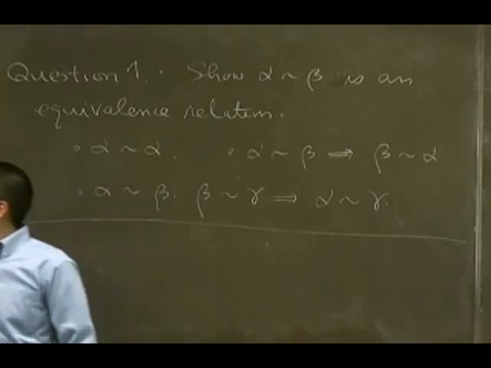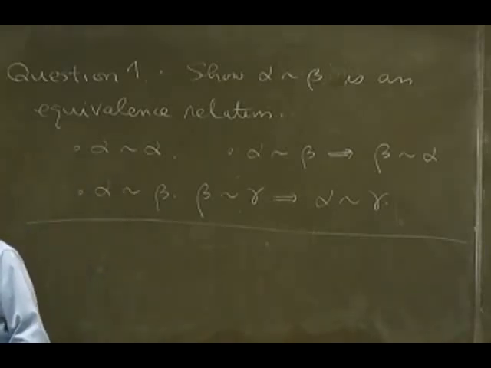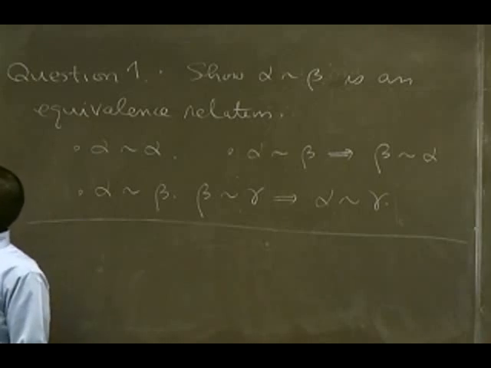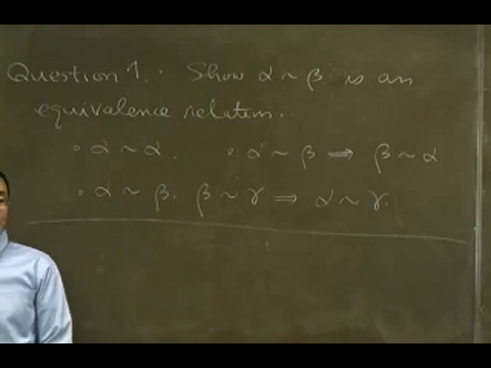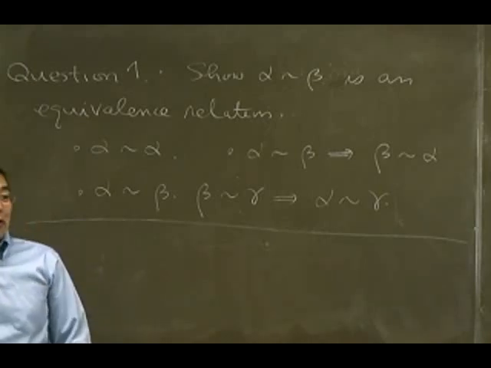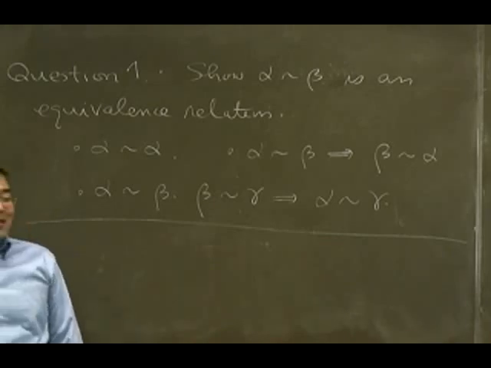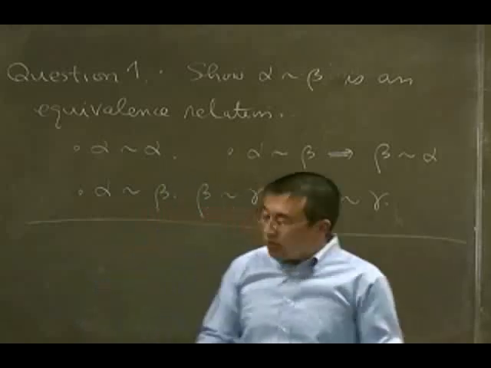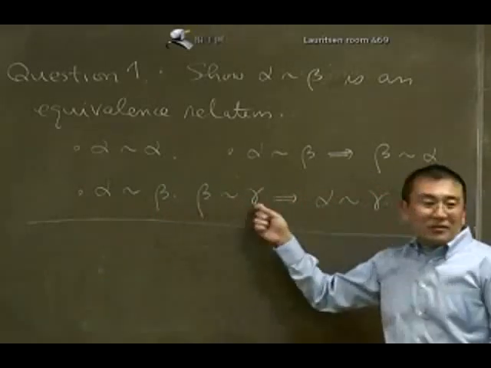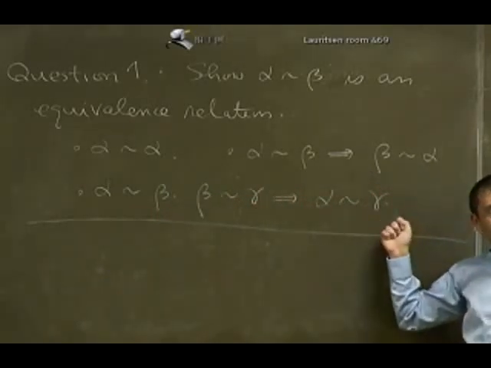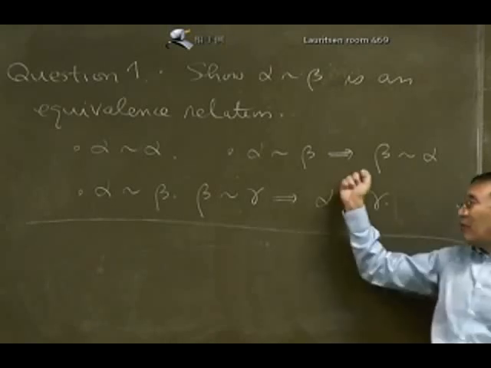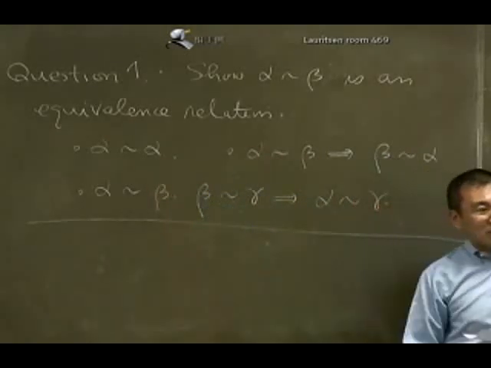If you have a different parameterization of this circle, as long as the parameterization is monotonically increasing, then you can continuously deform one parameterization to the other. So you have to do something like that in order to actually show this. This requires some work, whereas these two are more or less trivial from the definition.